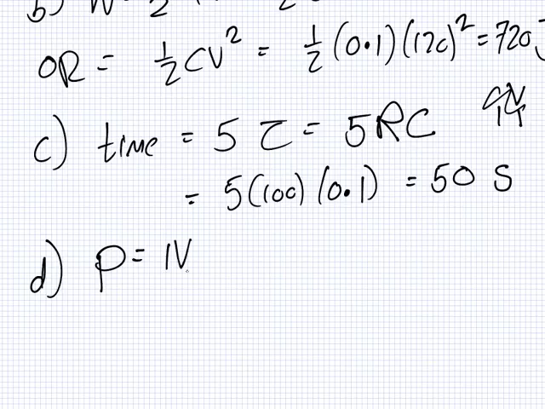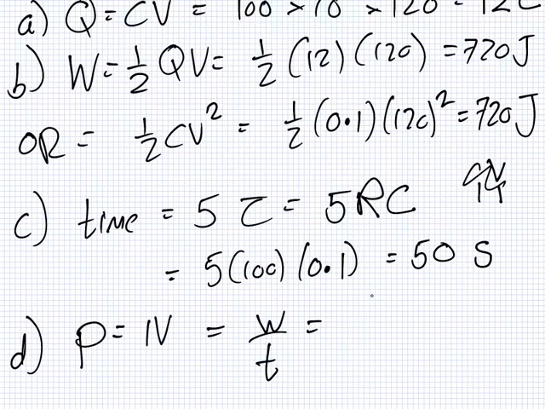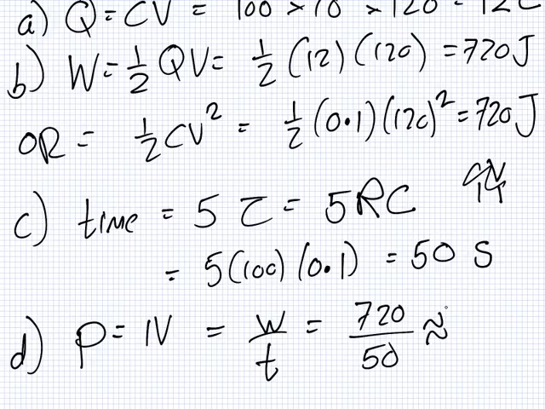But here I think it'd be better to use work over time, because we know the work from earlier, it's 720 joules over 50. So roughly 14.4 watts. Good, very good.